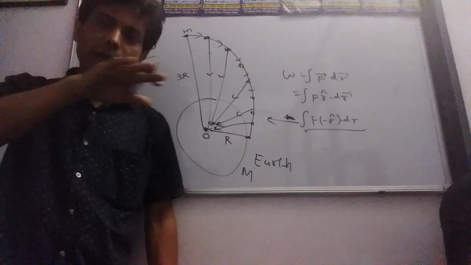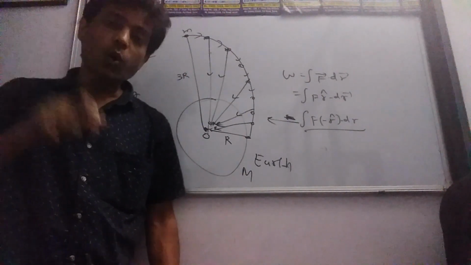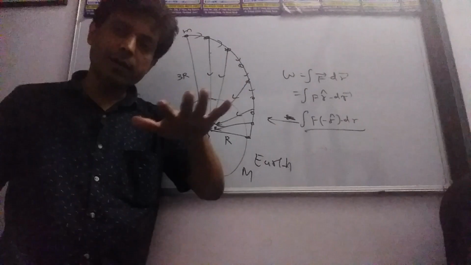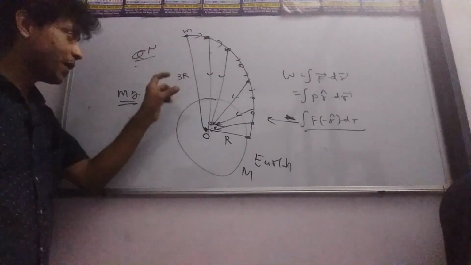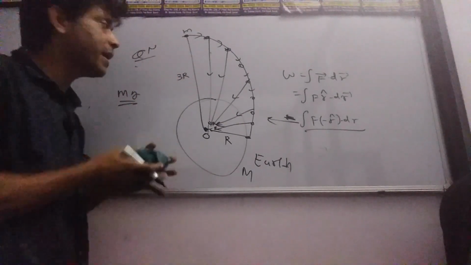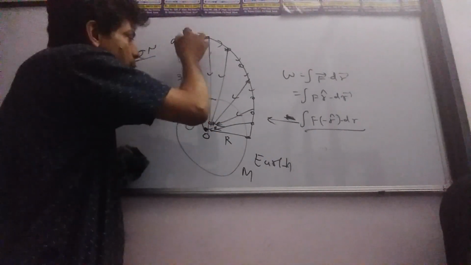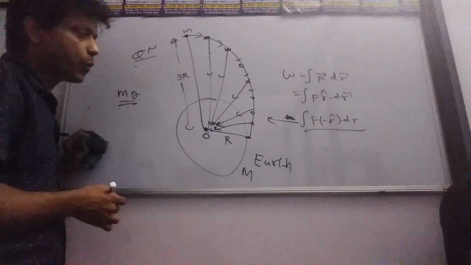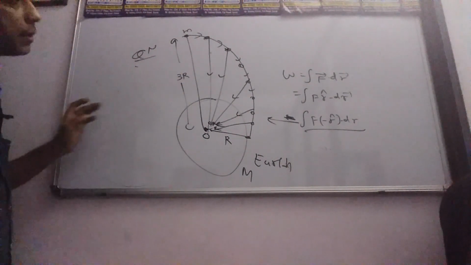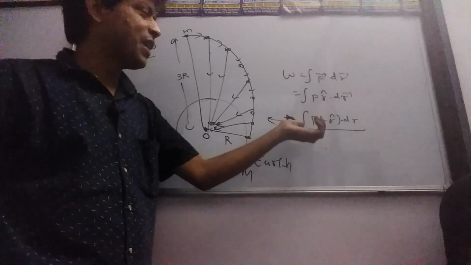mg is taken as a constant force when we take a smaller height, but here the height is at the level of 3r, which is a very big height, so the force is variable here, right? We cannot take mg. Now tell me please, which formula is used here?